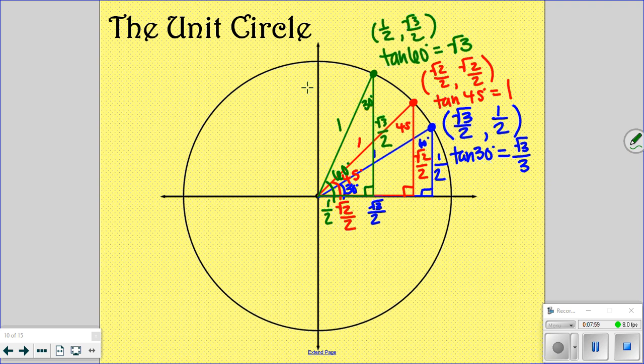And we're going to have the same kind of values over here in the second quadrant. Okay? So we're going to go over here, and I'm going to do the blue first again. So I'm going to start off by drawing my blue right triangle.